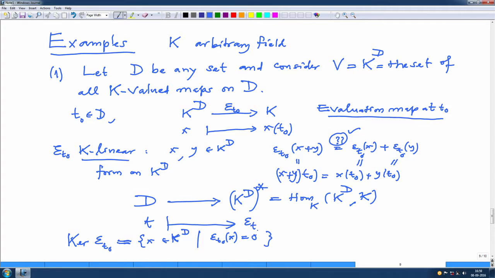This is precisely the kernel of this map. And what is this condition? This precisely means x at t naught is 0. So the kernel is precisely all K valued functions on D which vanish at t naught.